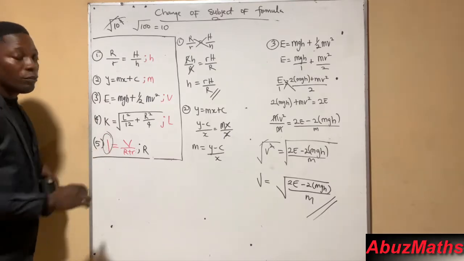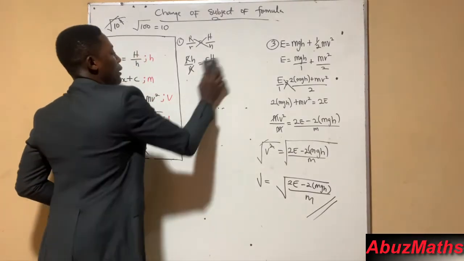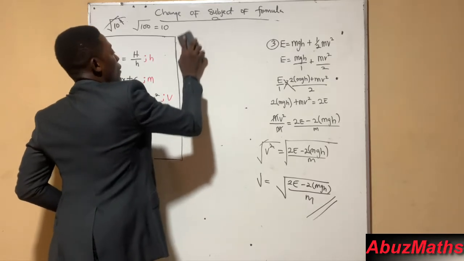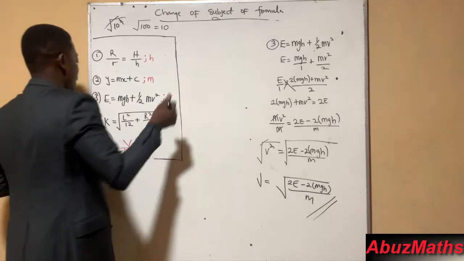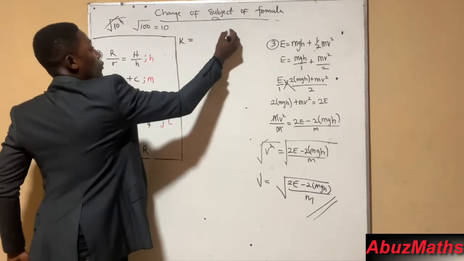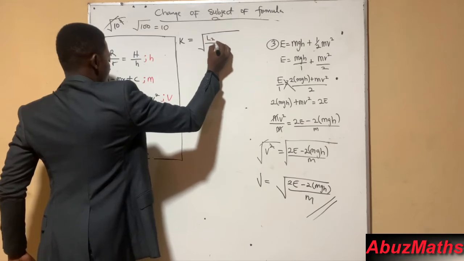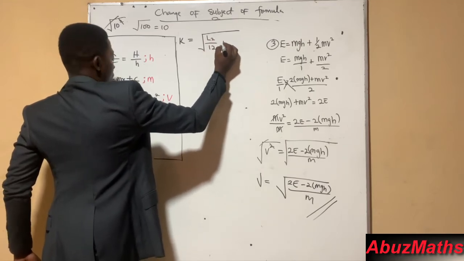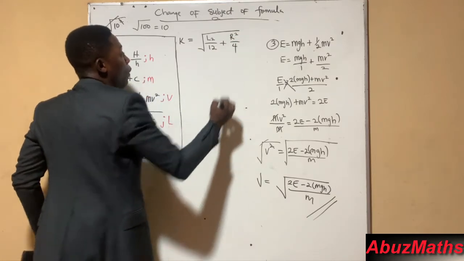Now let's try number 4 that has square roots. Permit me to clean this place up. Alright, so number 4. We have k is equal to the square root of (L squared over 12 plus R squared over 4).